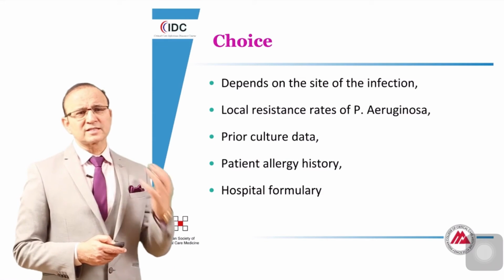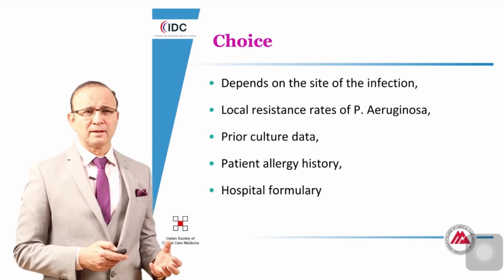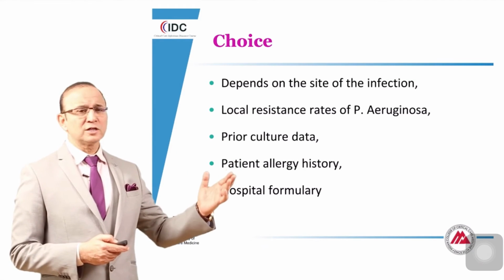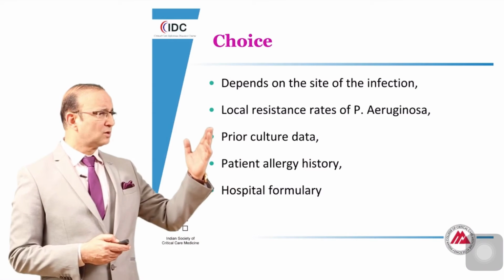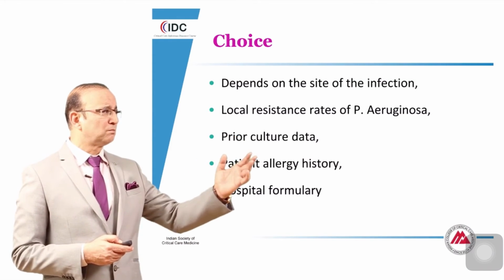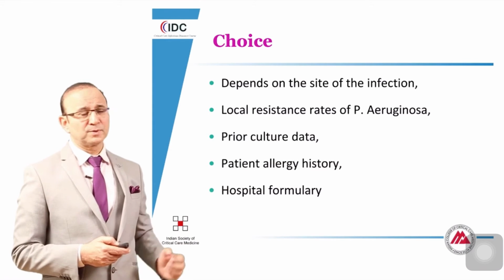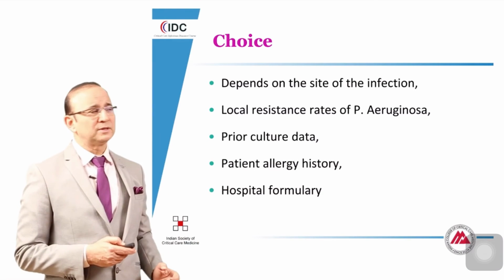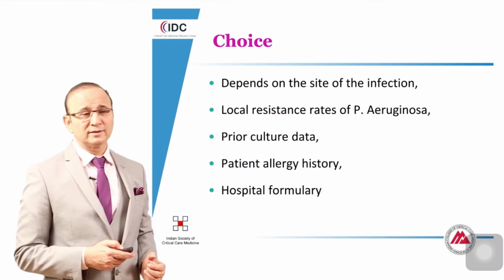So for a susceptible organism you have a lot of choice, and the choice will depend on the site of infection, local resistance rate of Pseudomonas, prior culture data, patient allergy history, and hospital formulary. So all these will determine the choice of antibiotic in these patients.